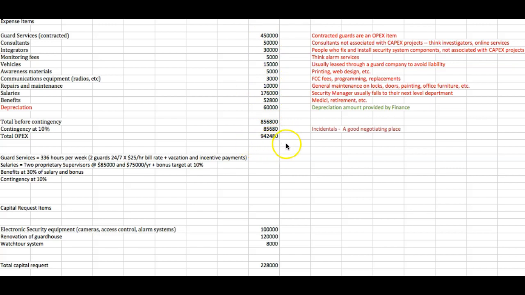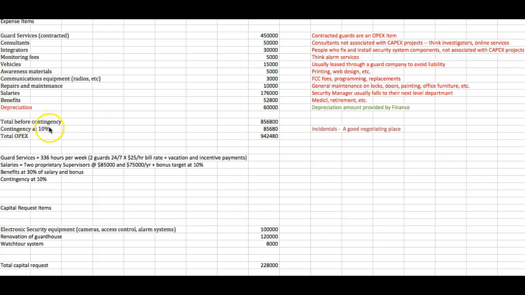And if I had to spend $500,000 pretty much to buy my card reader and camera system, I'd be over budget and wouldn't be able to make any of the rest of these payments necessarily. So I'm able to spread it out over time and make my budget livable, okay? So I put my depreciation in here. So my total budget here for OpEx is $856,800.